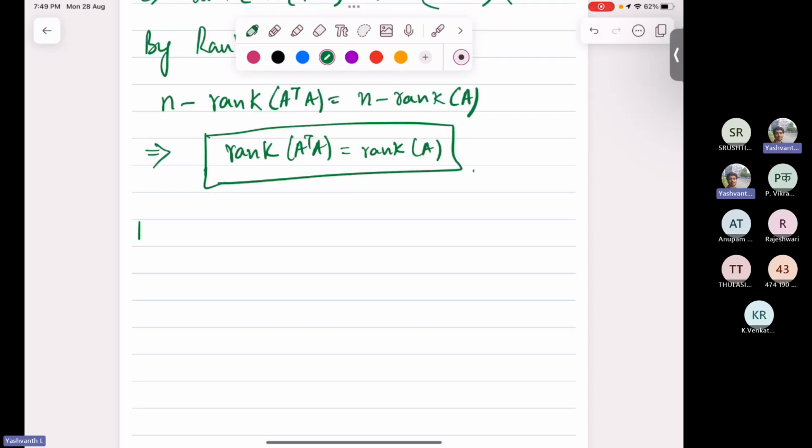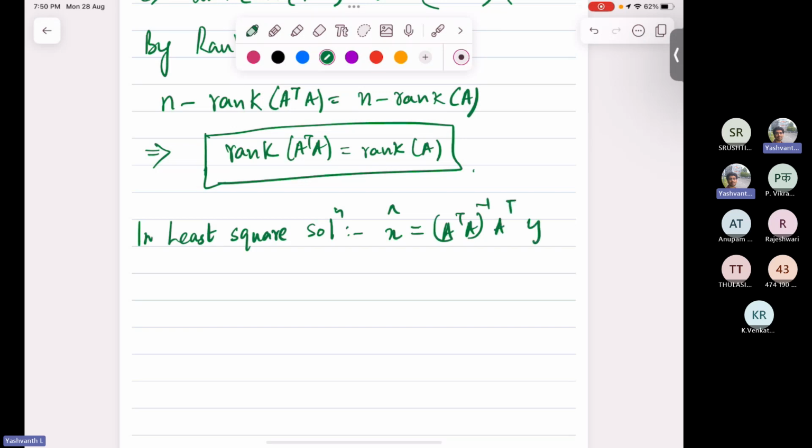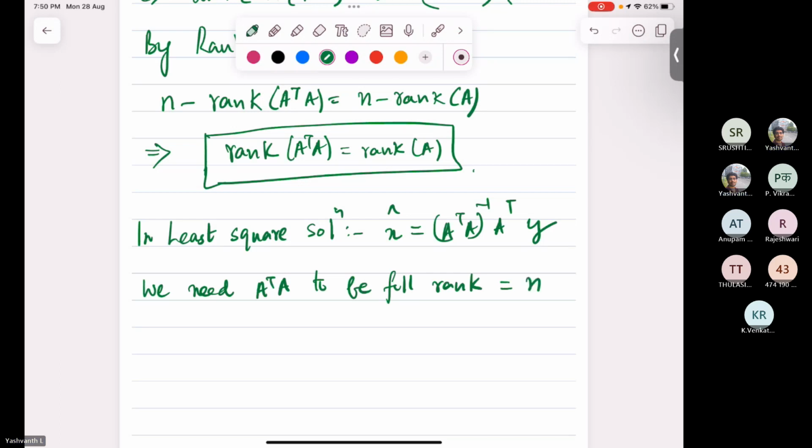But before that, let me conclude why I did this particular question. Let me go back to least squares. In the least squares solution, what was my solution? Exactly, A transpose A the whole inverse A transpose Y. Now we need A transpose A to be full rank, equal to n, because A transpose A is an n by n matrix.